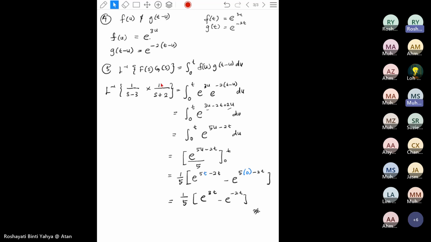Tak ada beza. Dia ada beza, tapi nanti you akan dapat yang mungkin general solution berbeza. For example, kalau you have for particular solution, you will get the same answer actually. Okay, Doktor. Thank you. The same thing.